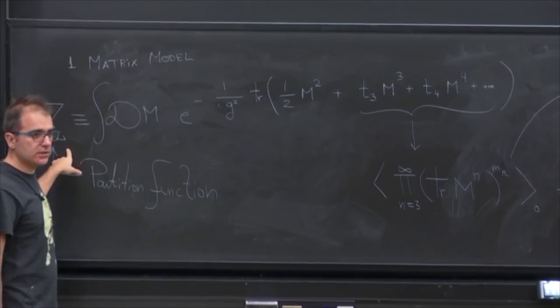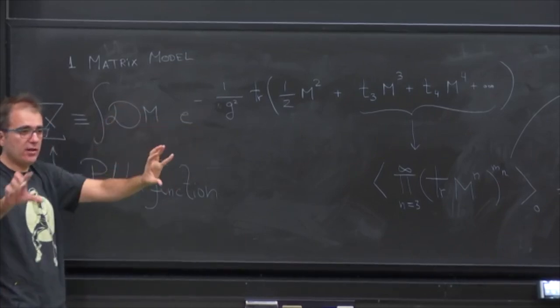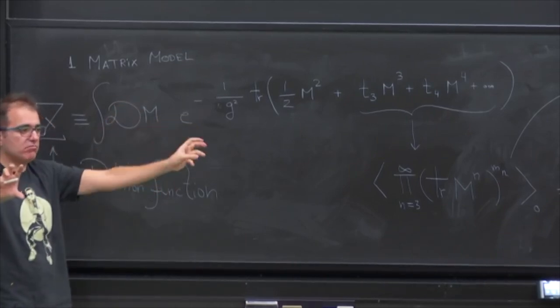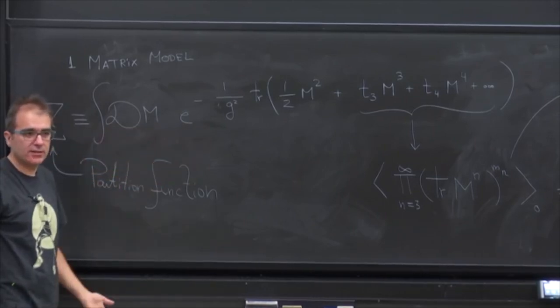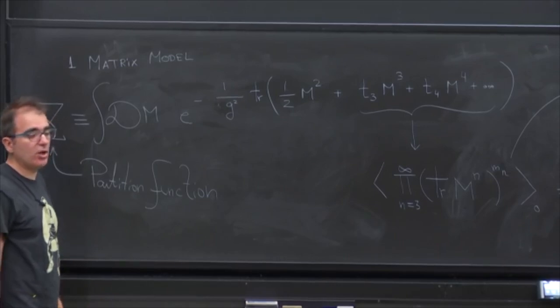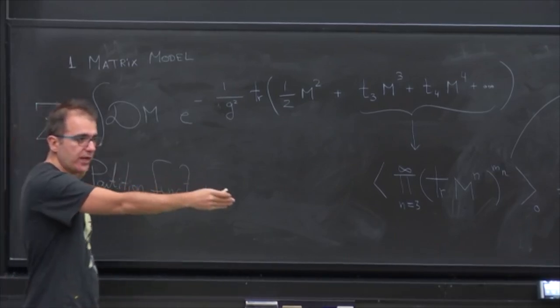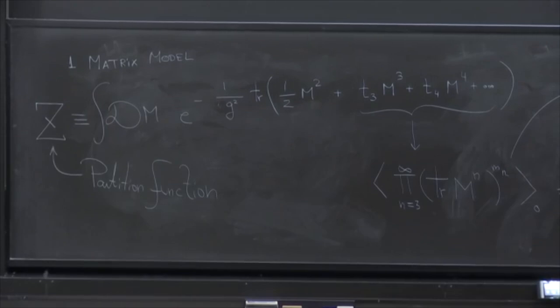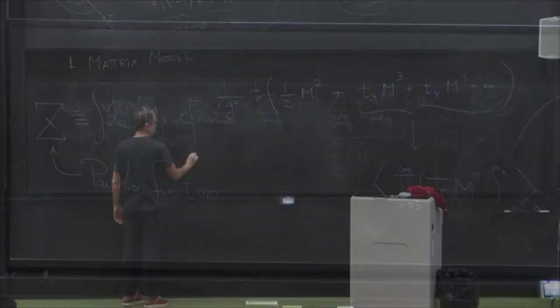Not really, because when I expand, when I bring down, say, trace of m to the 4 twice, I have the disconnected graphs. So it's not z that I should put on the left. What should I put? Log of z. When you have z, a summation over all diagrams, you take the logarithm to compute what's called the free energy, F, where F is log of z.